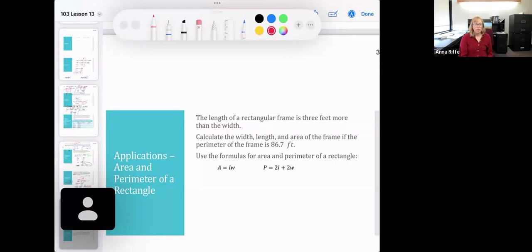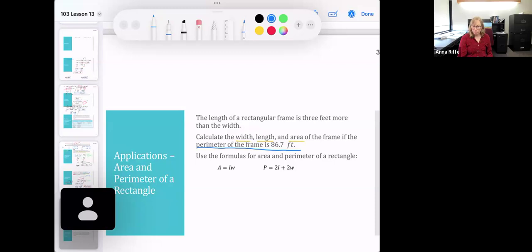Let's say we're told that the length of a rectangular frame is 3 feet more than the width. We are asked to calculate 3 things. We are asked to calculate the width, calculate the length, and calculate the area of the frame if we're given this information. We're given that the perimeter of the frame is 86.7 feet.